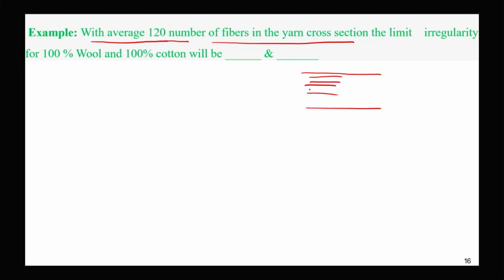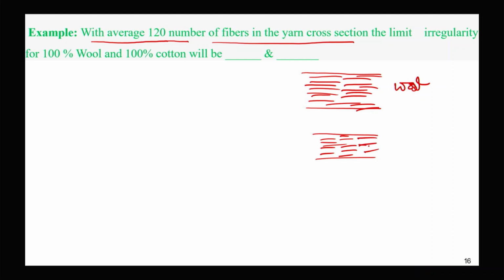So we have produced one wool yarn and one cotton yarn. The average number of fibers in both cases is 120. Now we have to calculate the limit irregularity.